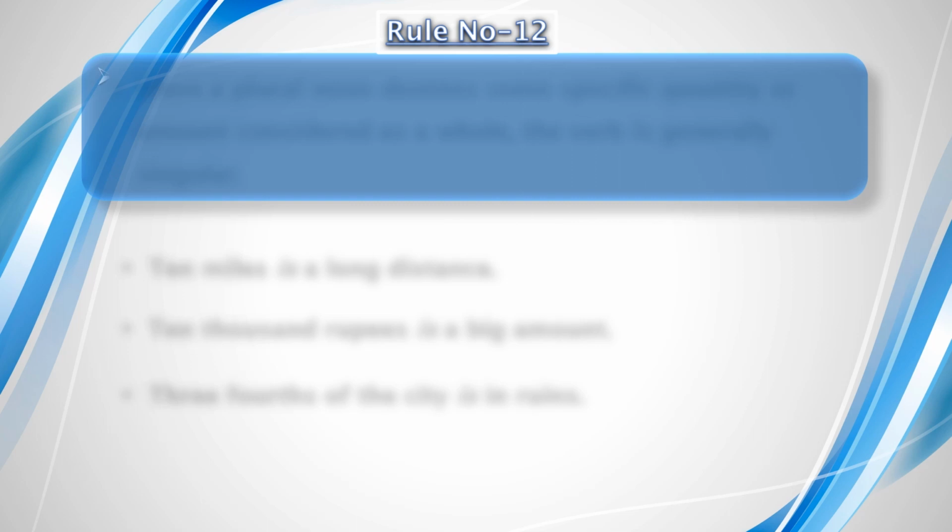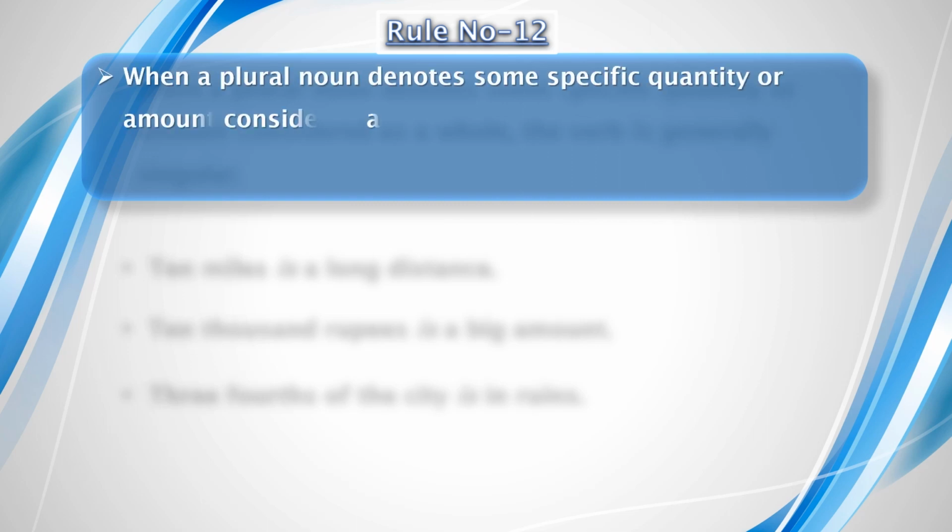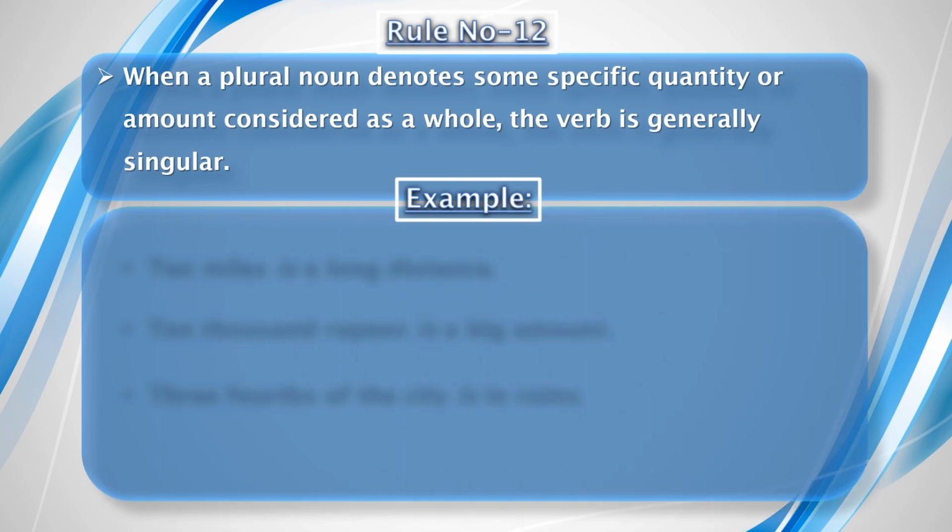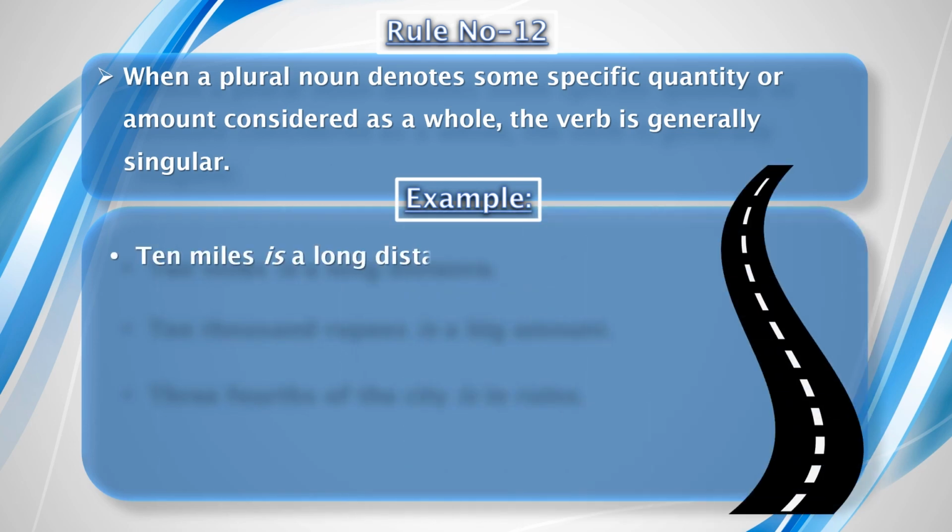Now we come to another very, very important rule of subject-verb agreement: when the noun denotes a specific quantity or amount considered as a whole, the verb is generally singular. Always remember, when the plural noun denotes some specific amount or quantity considered as a whole. Now suppose you write, 10 miles is a long distance. 10 miles we are considering as a whole.